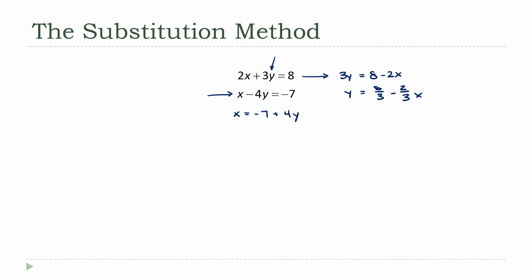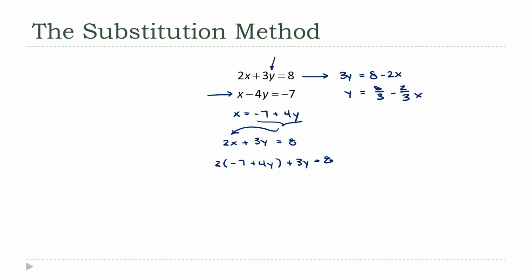So I'm going to take this 2x plus 3y equals 8, and I'm just going to write it over again down here. 2x plus 3y equals 8. And I'm going to put negative 7 plus 4y in here for x. So this becomes 2 times (negative 7 plus 4y) plus 3y equals 8. And now it happened again, right? We're down to one variable, so this is awesome.